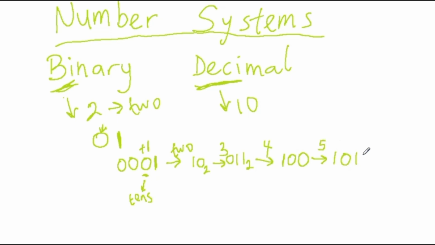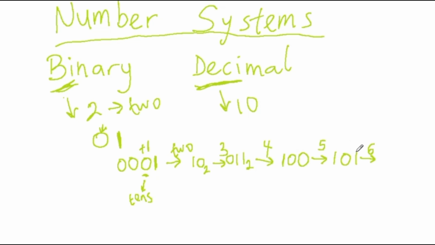What about 6? Let's try increasing the smallest lower order digit, but we can't because 1 is the highest possible value. So let's try with the next one, the tens digit. If we try to increase the tens digit, it's possible since 0 is not the highest possible value. So this one will be maintained since we didn't touch it, but this one will increase to 1.